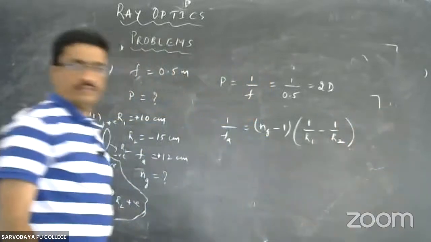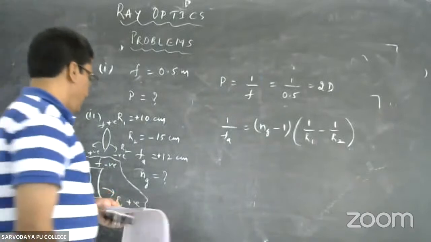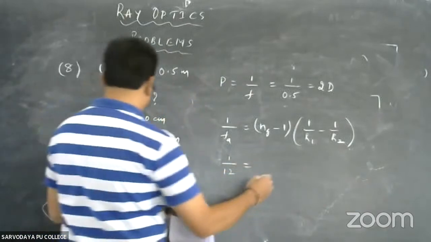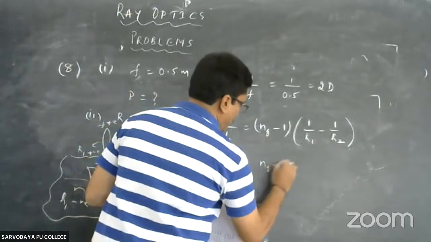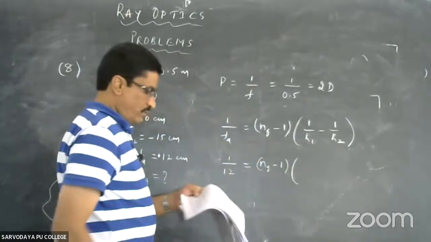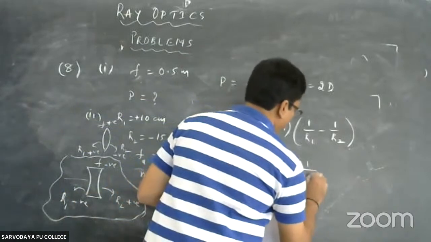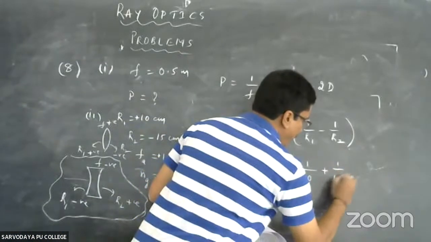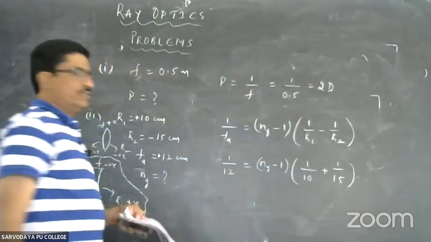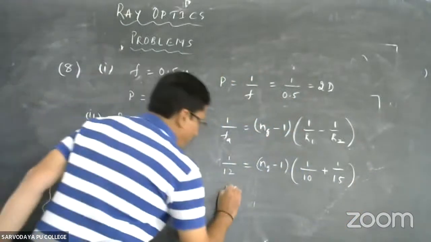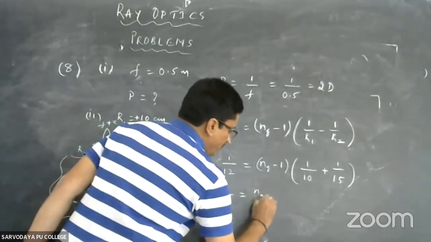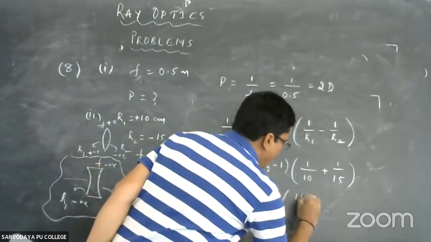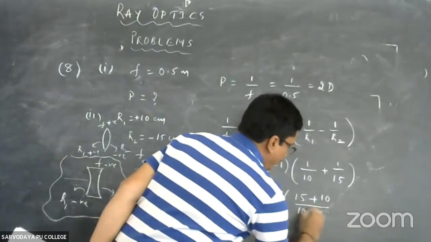Focal length in air is given, 1/12 is equal to (ng minus 1) into (1/10 plus 1/15), since minus of minus becomes plus. So 1/12 is equal to (ng minus 1) into (15 plus 10) over (10 into 15).